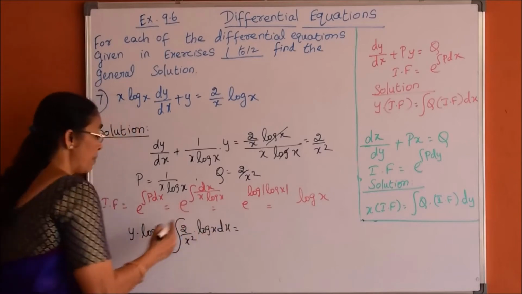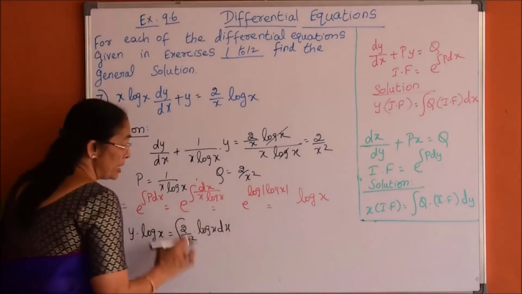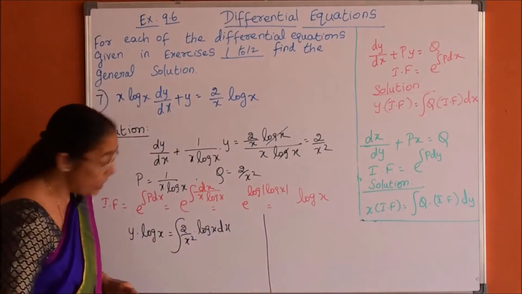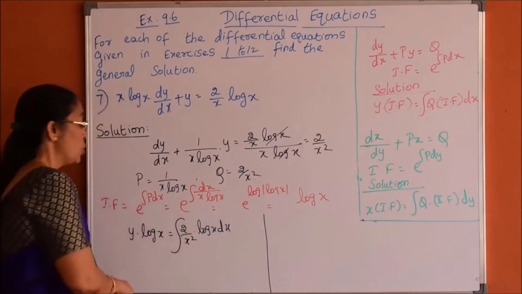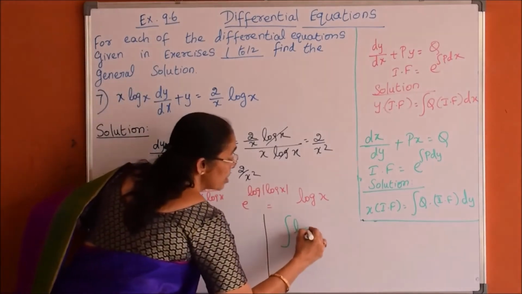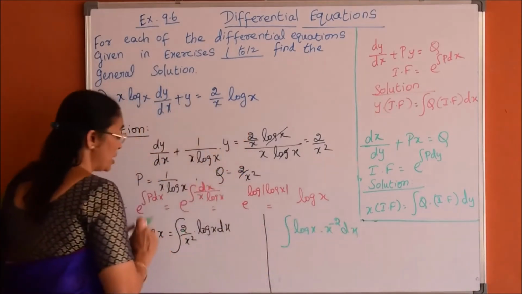Now let me consider only this integration part and evaluate it. We can keep 2 outside. So we need the integration of log x into x to the power of minus 2 dx. Here 2 is outside.